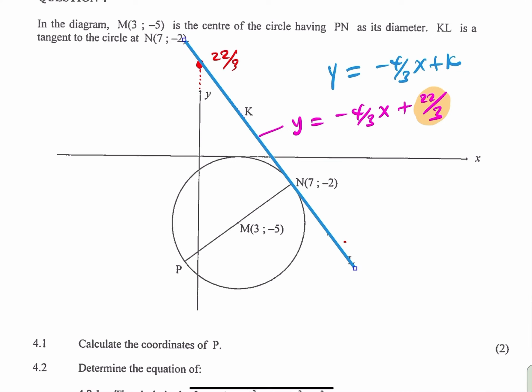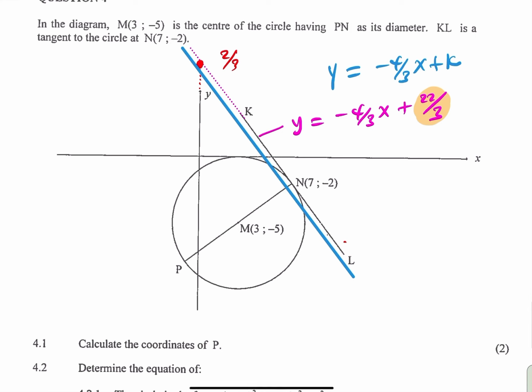Now check. This line here has a different y cut from the one that I'm putting in here. So we are looking for the values of k for which this blue line here is going to be a secant. It's going to be a secant if you check below this y value here.